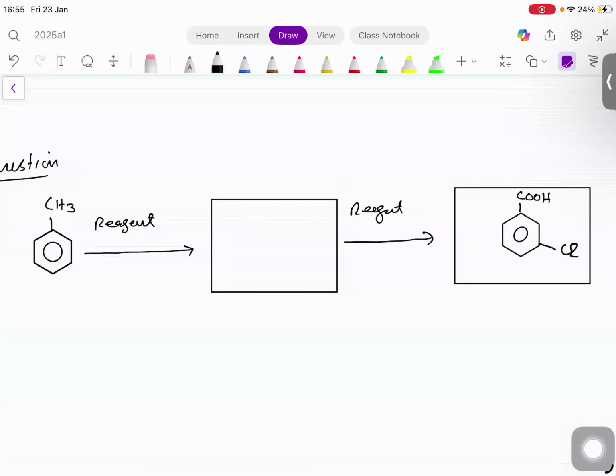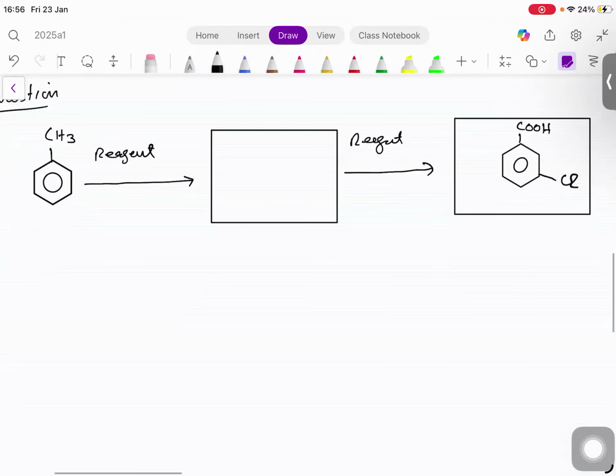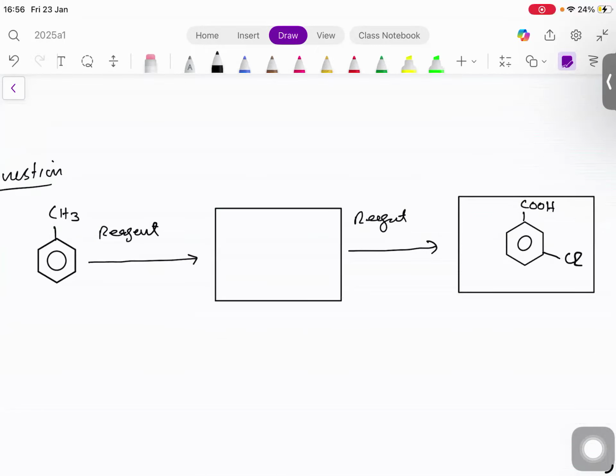So if we do for benzoic acid, then KMnO4. Now, if I take, for example, let me give you the two ways.